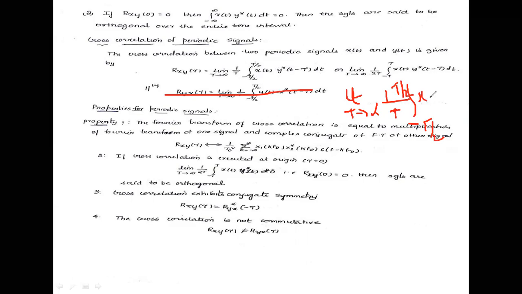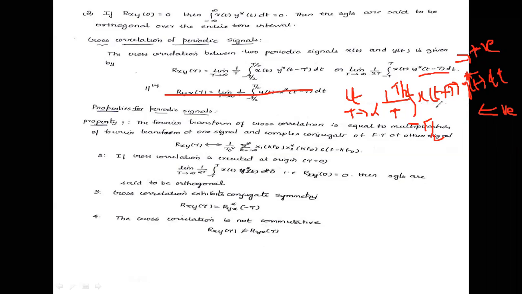You can write this as x of t plus tau and y star of t dt. Now it is equal. This is for the positive direction, and this is for the negative direction. Okay, t plus tau. Got it, my dear students?